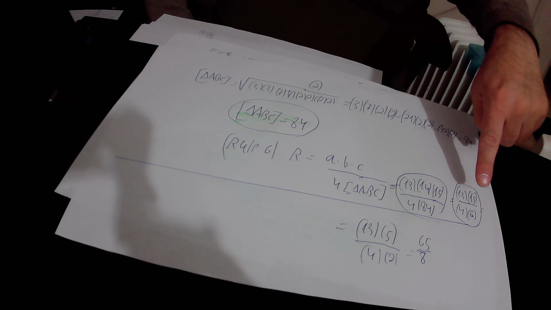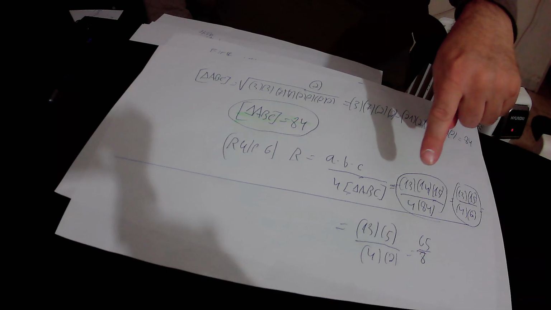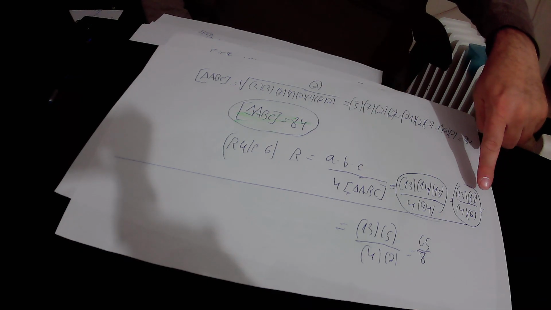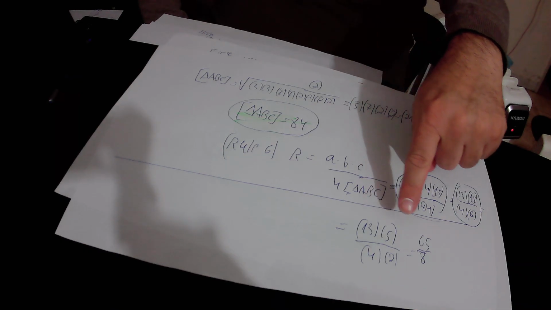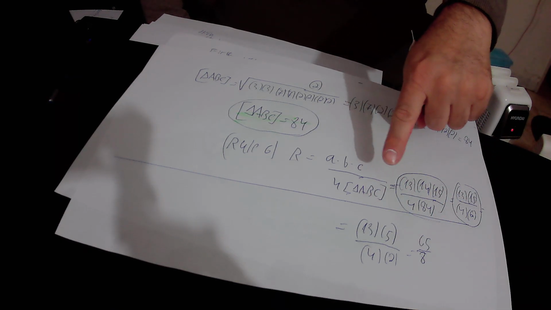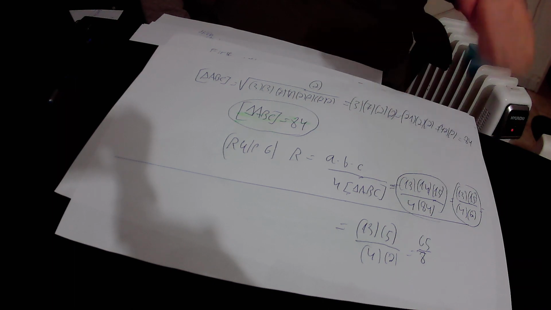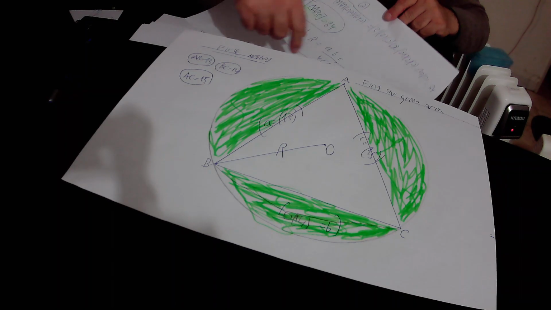After we divide the denominator by 3, we get 4 times 6 over 3, which is 2. So in total, in the denominator we are left only with 4 times 2, that is 8. In the numerator we have 13 times 5, that is 65. So in total, the radius of this circle equals 65 over 8 units.